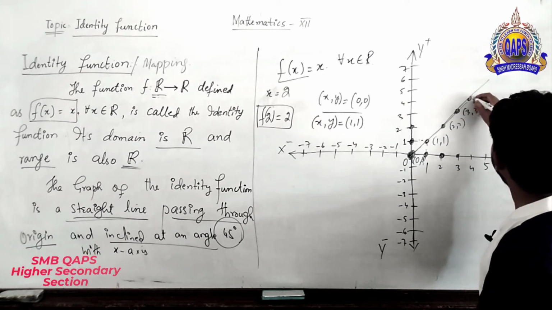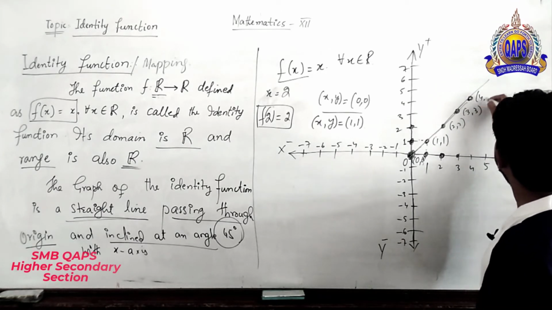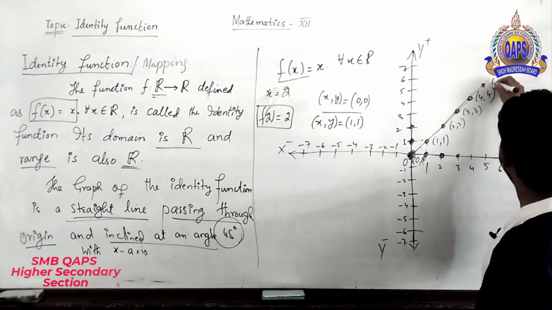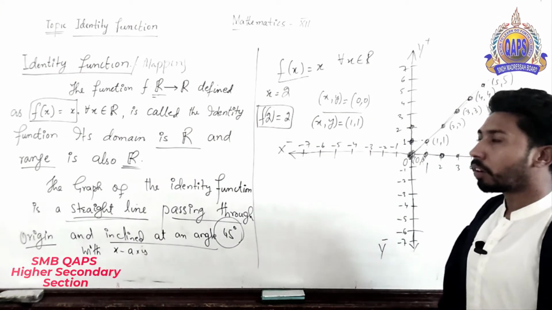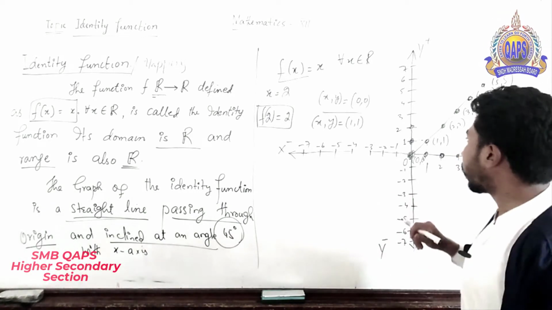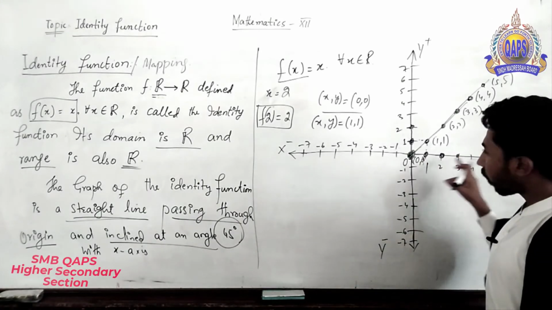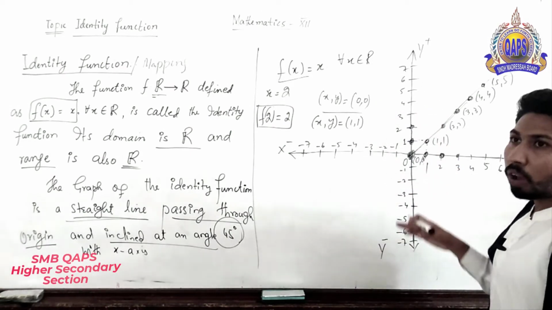And same here, if we put 4 comma 4, 5 comma 5, this type of situation must represent the identity function, because the value on the x-axis and the value on the y-axis are the same.